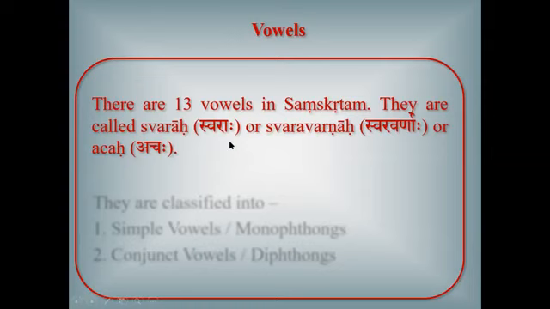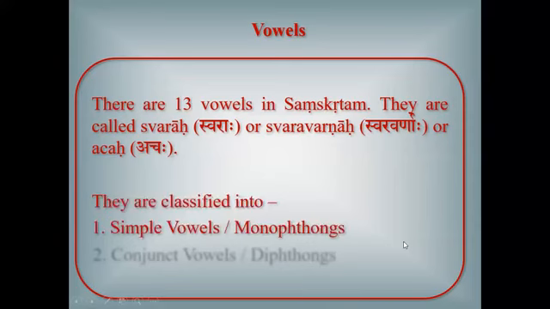Later we will be using the word only Achaha, not Swaraha. Swaraha in the beginning. Later when we study advanced topics like Sandhi and others, we will use the word Achaha. Now these Swaraha vowels are classified into simple vowels and conjunct vowels.